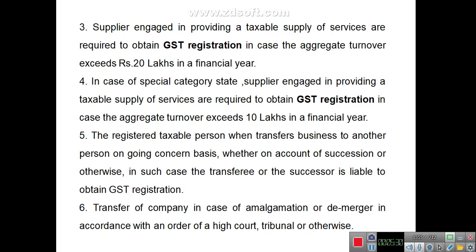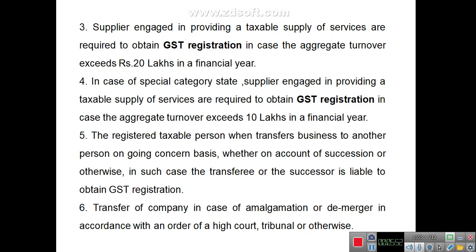When a registered taxable person transfers business to another person on a going concern basis, or the business is transferred on account of succession or otherwise, in these cases also the transferee or the successor is liable to obtain GST registration.